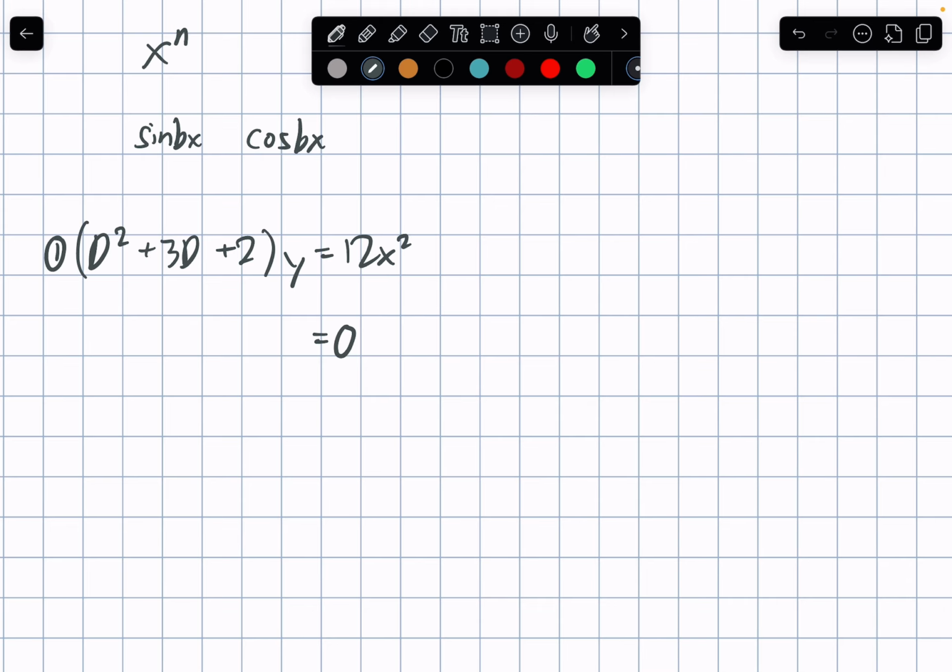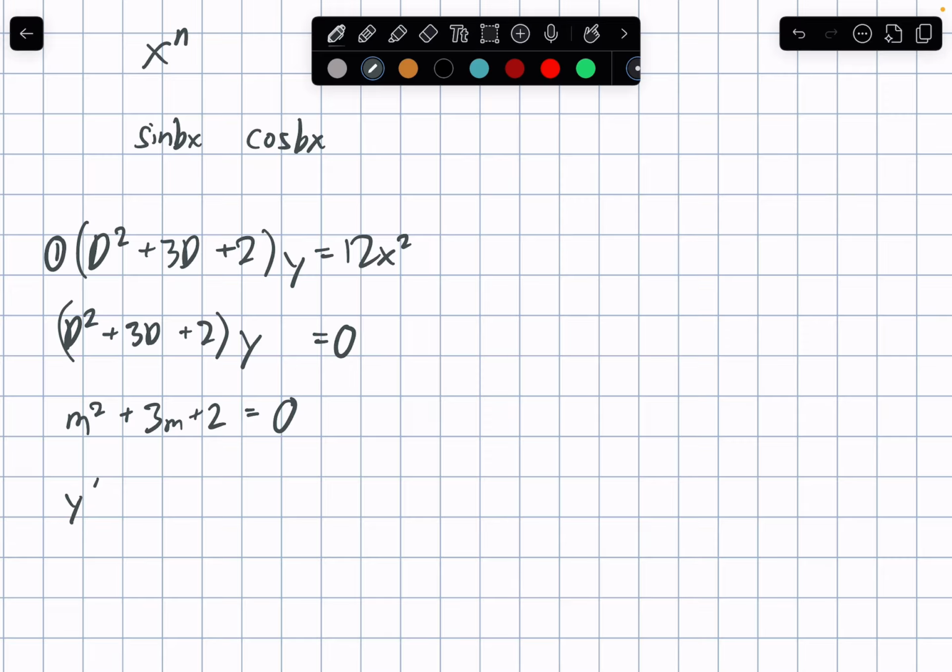So in the right-hand side, you will write 0, and you just copy the exact same thing. You can rewrite whatever is in the left-hand side as m squared plus 3m plus 2. Then you disregard the y. So they're basically the same.